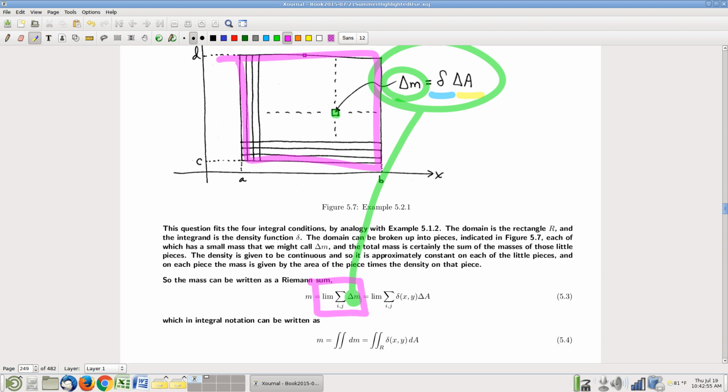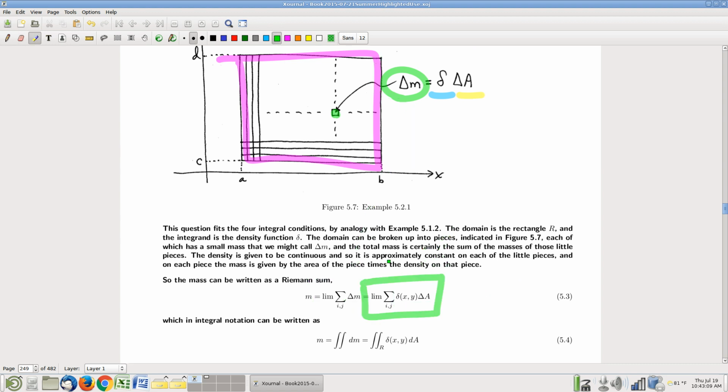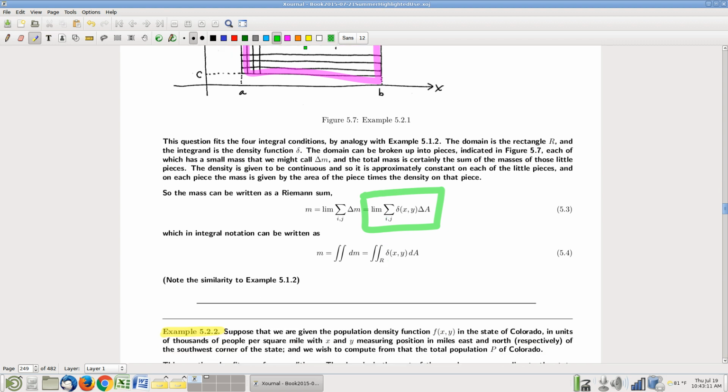And when I plug in that formula for what delta M is, notice that the punchline is a Riemann sum. That looks just like the Riemann sums that we wrote down as the definition of a double integral.